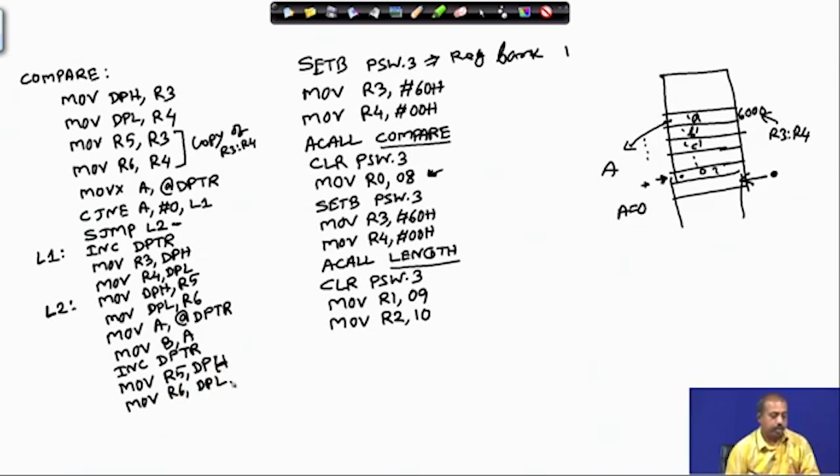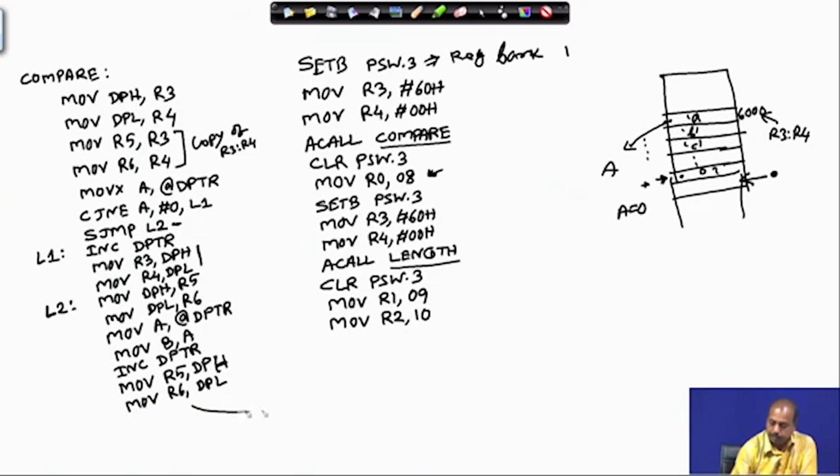Okay, so that is saved there. Now after this is done, we have saved this DPL DPH. Now I have to get the first character of the next string, and those DPH DPL values are stored in the R3 and R4 registers in these two statements.